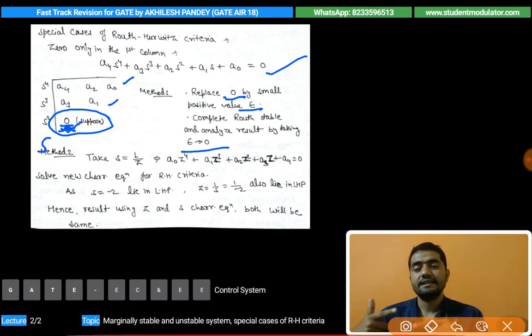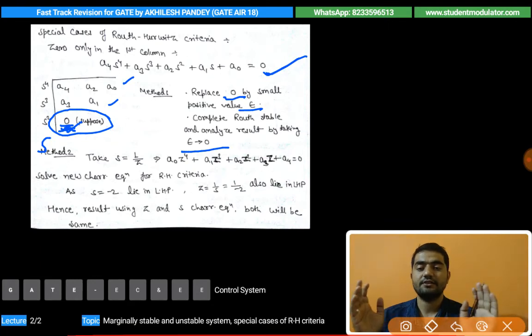One more method is there, if we have to find only the position of the poles. Using the characteristic equation, we find stability, and the second thing we find is the position of the poles, whether it is lying in the left half plane, right half plane, or imaginary axis.